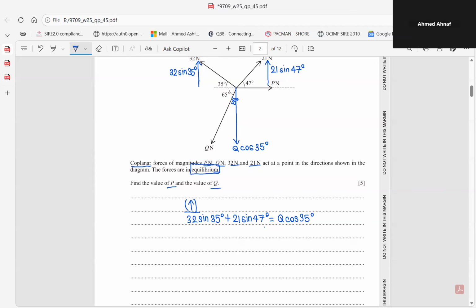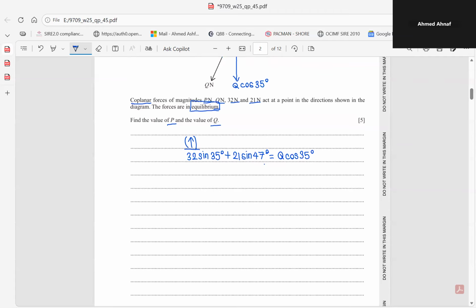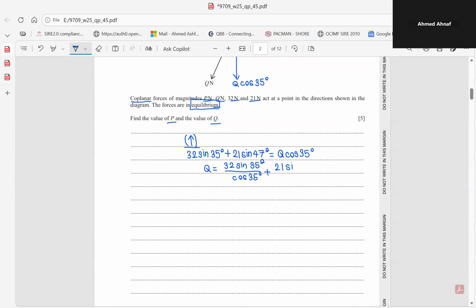I think we can just find the value of Q directly in here. So Q is going to be just this value, 32 sine 35 over cosine 35 plus 21 sine 47.